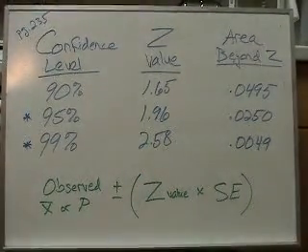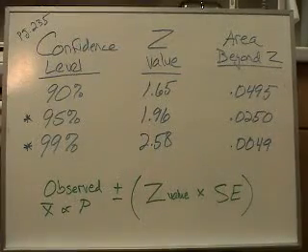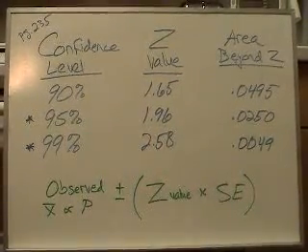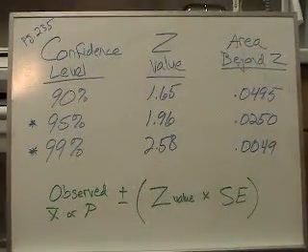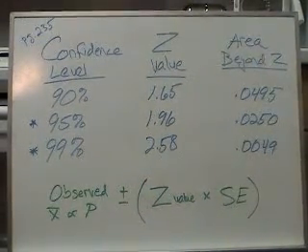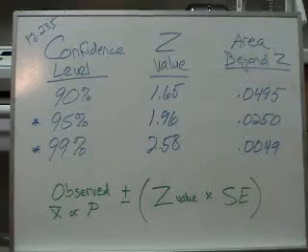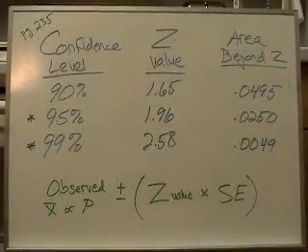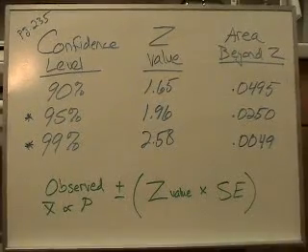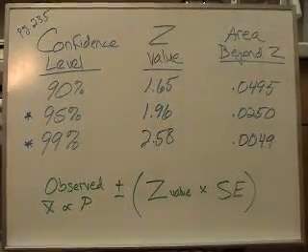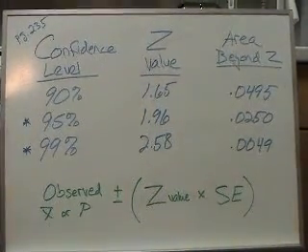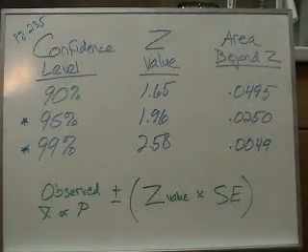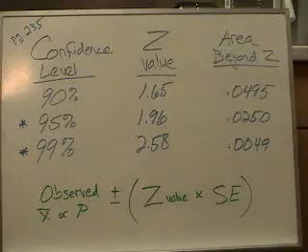And again, you find a z-value in that first column, and you want to look then at the area beyond z, which represents the area usually on the tail of the bell curve, either on the right or left side. Now if you find the z-value of 1.96, you'll see the area beyond z is 0.0250. Okay, now what you want to do is, if we're saying there's a 95% confidence interval, then that means on each tail, both on the right and left side of the bell curve, we have a representation of 2.5%.